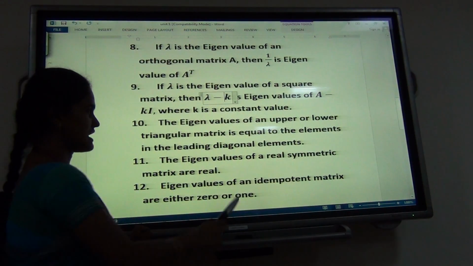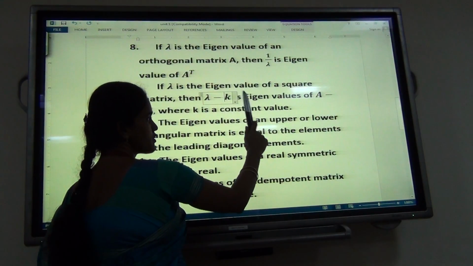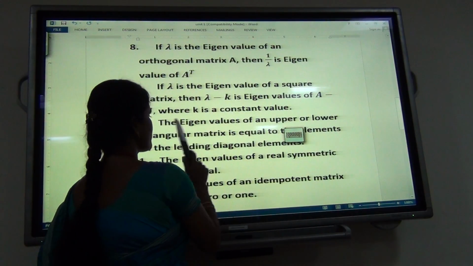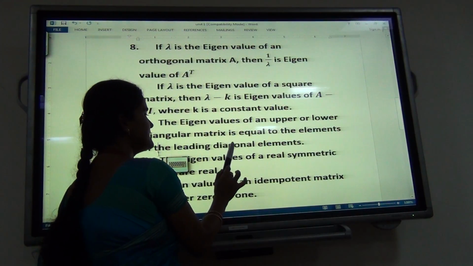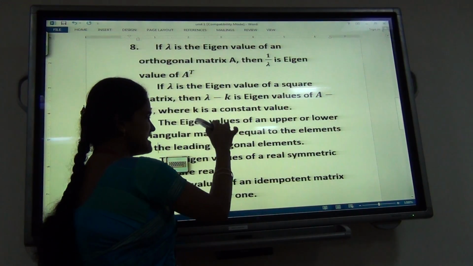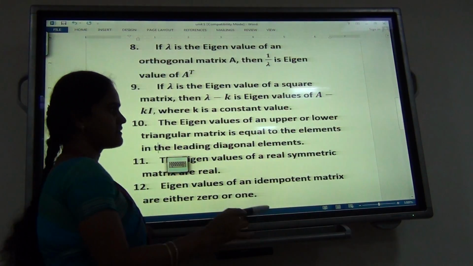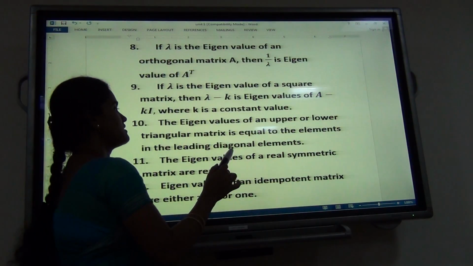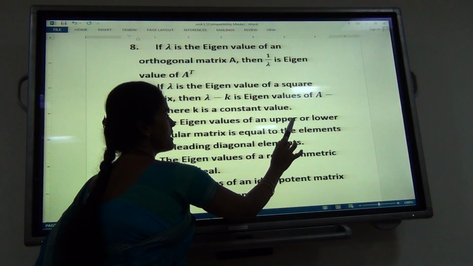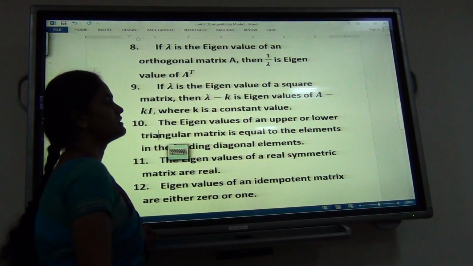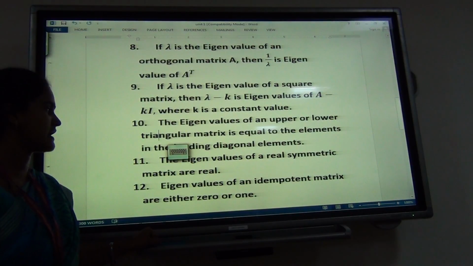As we have discussed in the fourth property already, for an upper or lower triangular matrix, the leading diagonal elements will be the eigenvalues.